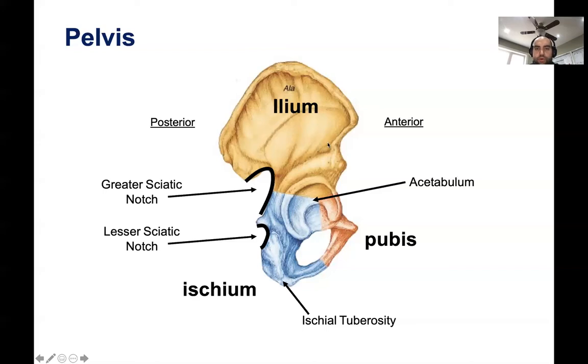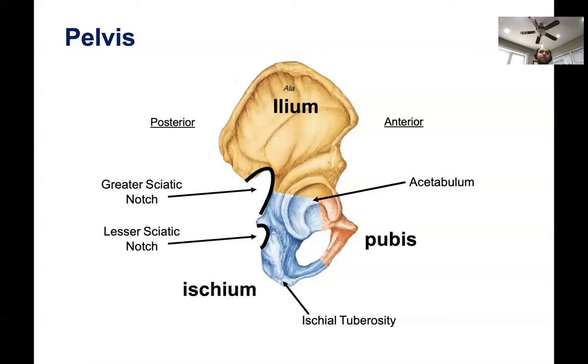Now, the superior-most aspect of the pelvis is the ilium. If you want a reference to where this is, it would basically be what your belt surrounds laterally. The outside of your belt would be strapping around the ilium, especially the iliac crest over here. Or you've heard of love handles, right?